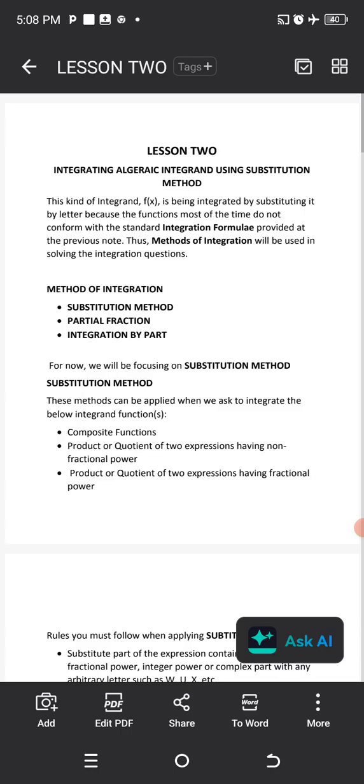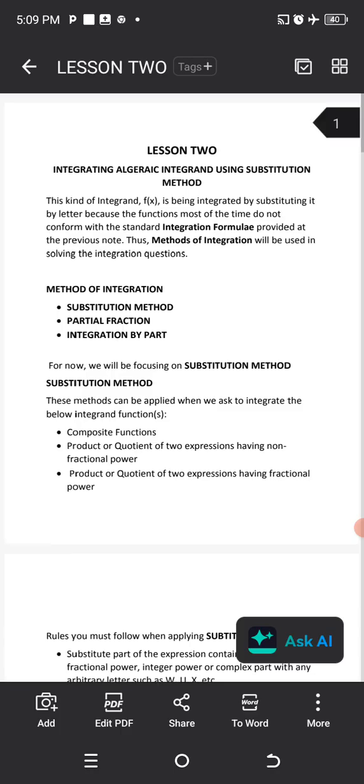So in this first class, we dealt with how to integrate algebraic functions, straight direct algebraic functions in which you can just apply the integration formula to solve directly without stressing or wasting your time.